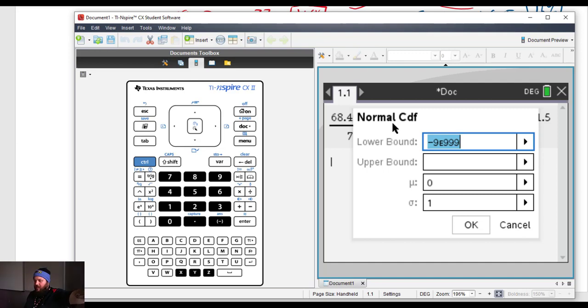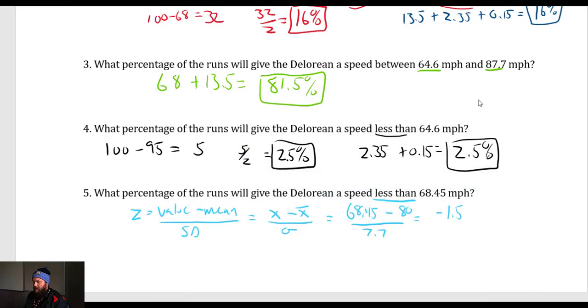So the lower bound's to the left, right? We're wanting to find the values that are less than 68.45. Well, we know that our z-score is negative 1.5. So we want to find from negative 1.5 all the way to negative infinity.